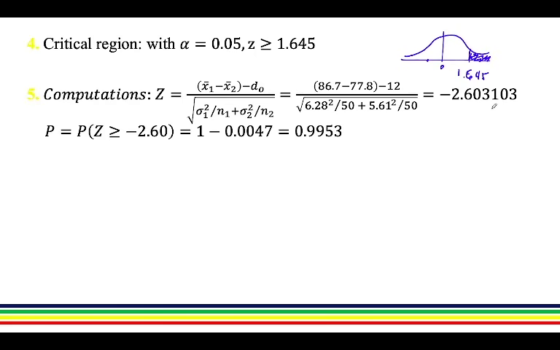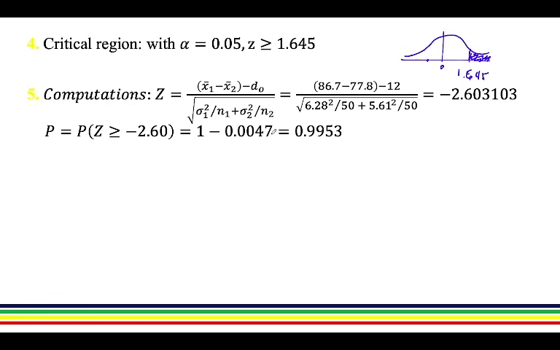Our conclusion is that we have to accept the H0 that mu1 minus mu2 is equivalent to 12. But if there are more steps here, we have to calculate the p-value of z greater than or equal to negative 2.60, and it's equivalent to 0.9953.